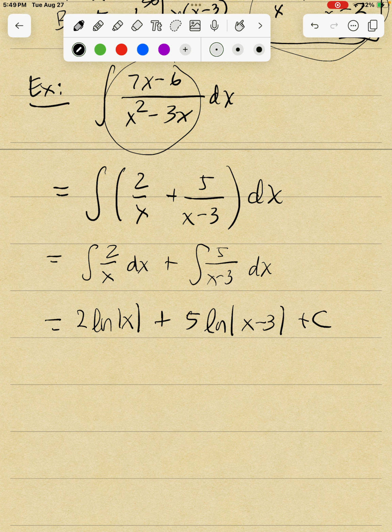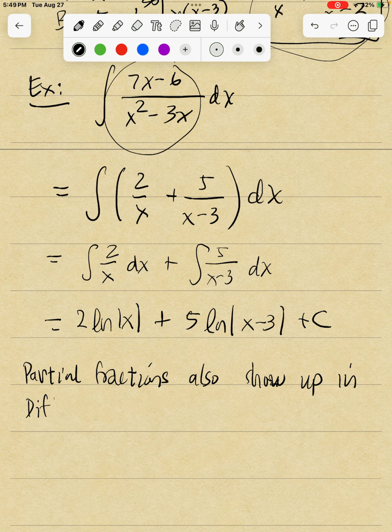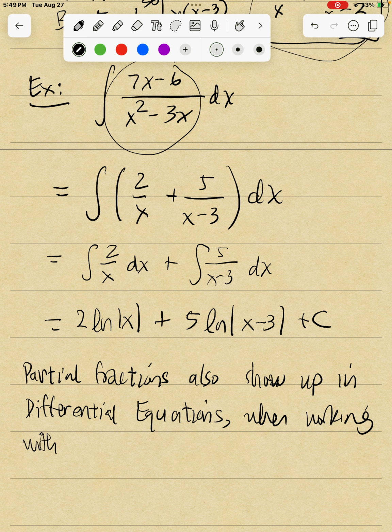So that's how partial fractions is used in calculus, and partial fractions also show up in differential equations when working with Laplace transforms.